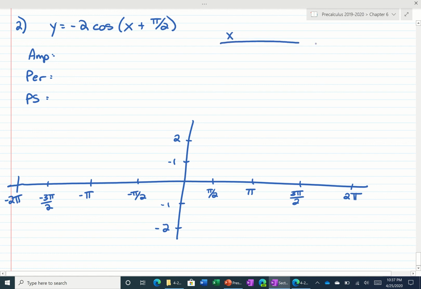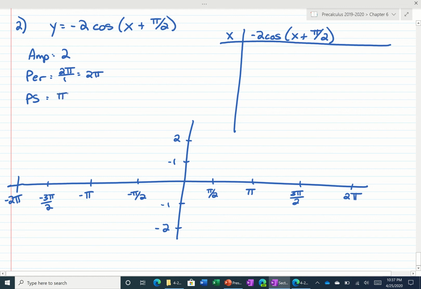We'll be using x. We're going to use the original, -2 times the cosine of x plus pi over 2. The amplitude is 2. Period is the normal period divided by the number in front, which is 2 pi. And we're going to be going pi over 2 units to the left.